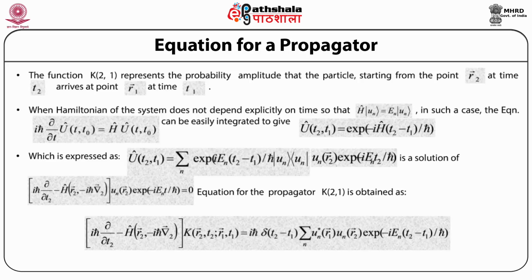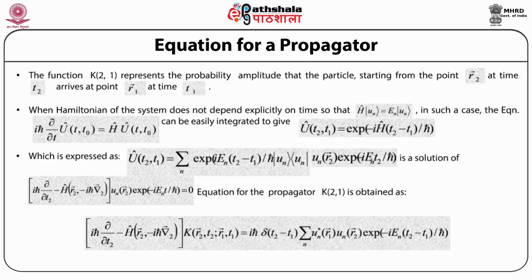Thus, in order to ensure that the evolution operator U is unitary, one can do this exercise to show that the evolution operator U of t and t0 acting on the evolution operator U dagger of t and t0 is equal to the unit operator.